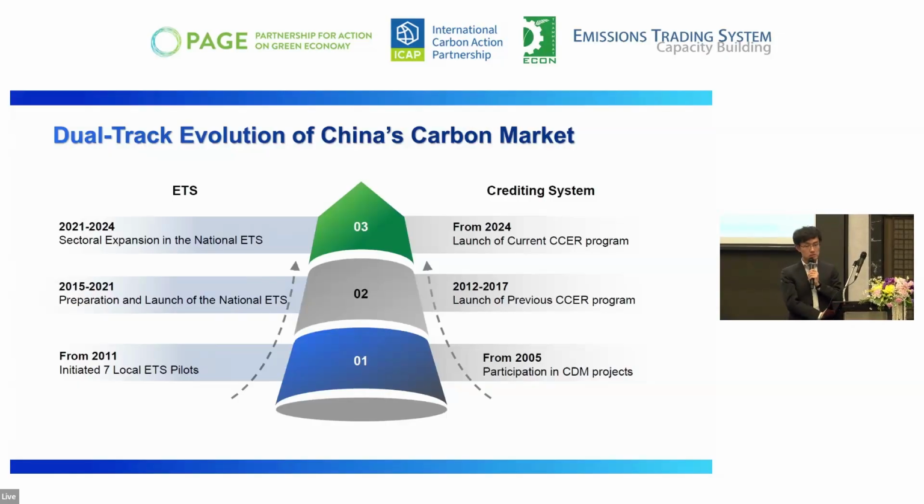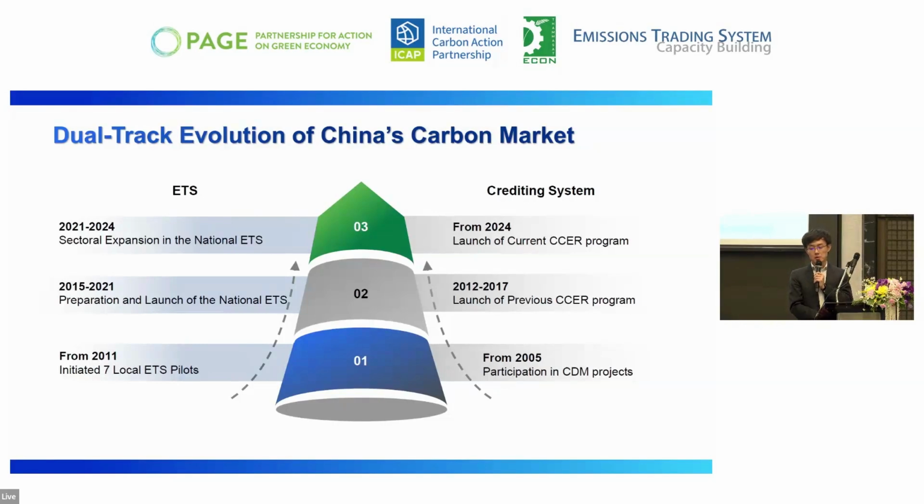And for the crediting system, like Thailand, China has experience with the CDM. So that's why China started the CCER program in 2012. Between 2012 and 2017 was the first phase of the CCER program. Because of the end of the Kyoto Protocol, a lot of Chinese projects were registered in the CDM system, so China's government was trying to continue the momentum and broaden China's actions towards climate change.